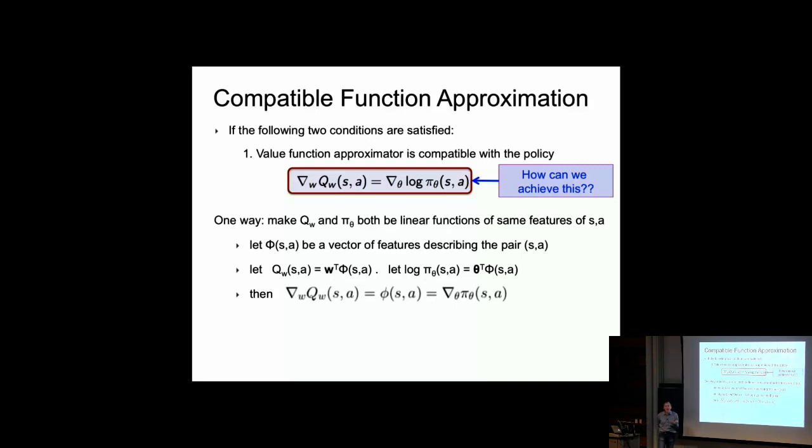So this is a way in which we can guarantee that this is true. And if you think about it, if I say y equals W times X, what's the gradient of y with respect to W? It's X. Right? So the gradient of Q with respect to W is just the input features.